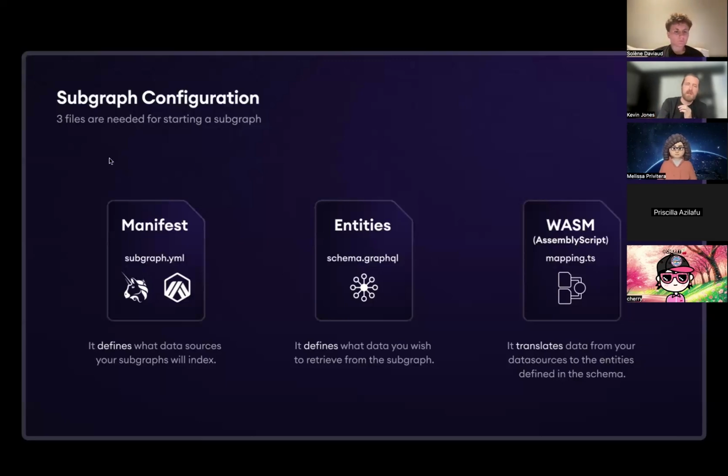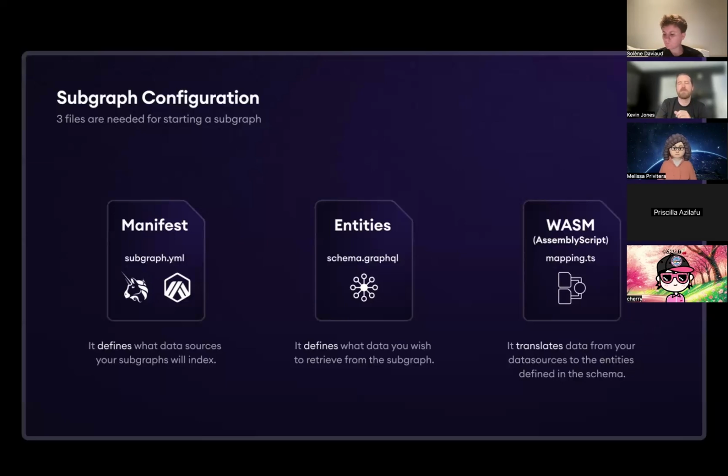So the high-level config is what we care about. We decide how we want to store the data inside of these entities in GraphQL and expose them. And then we process those using a WebAssembly module called a mapping. This is what takes the data and then actually processes it using a WASM runtime.